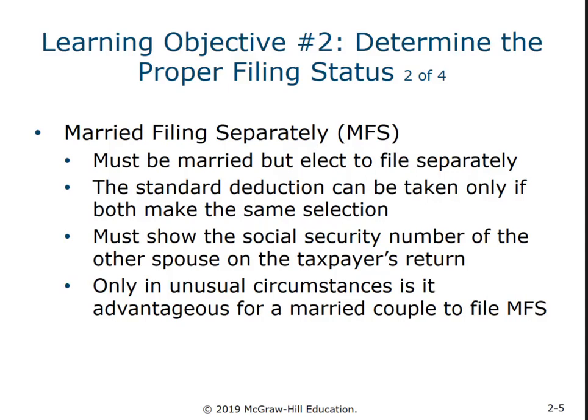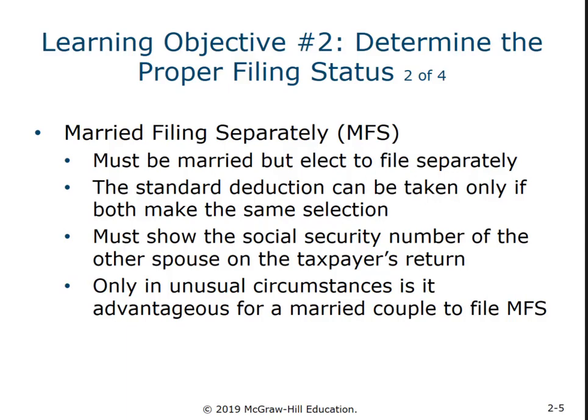Usually this comes up, in my experience, when they're in the process of getting divorced and they really are not feeling like they trust the other individual to pay the taxes or whatever, and so they want to separate the liability.